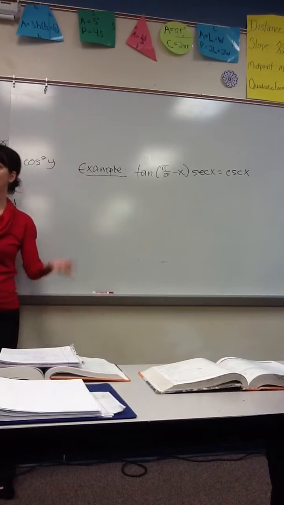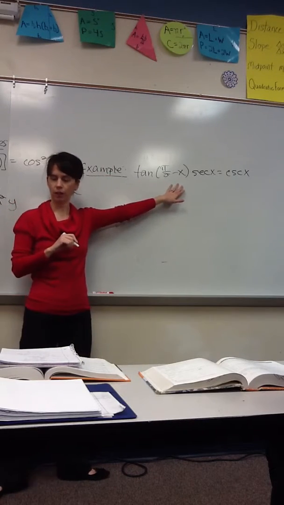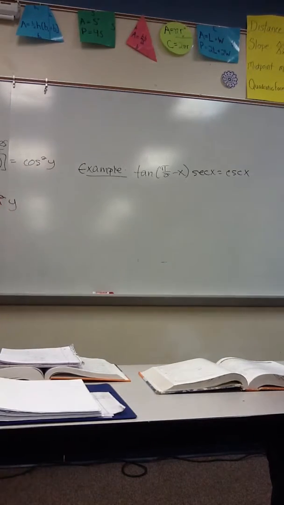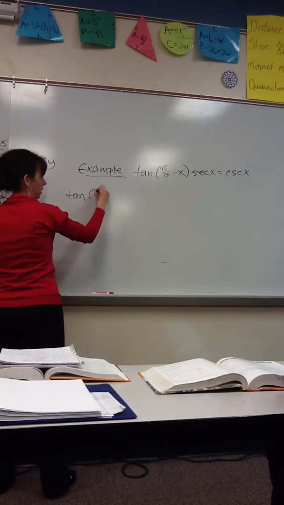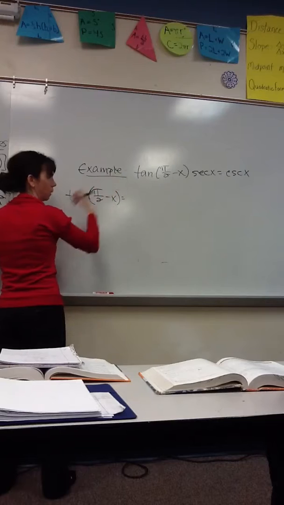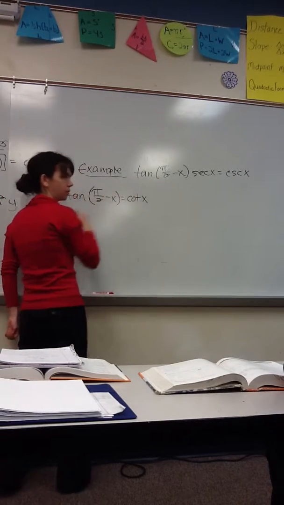The reason I'm showing you this example is I want to remind you that when you see this, that is an identity called a cofunction identity. Looking at your identity sheets, help me out here, the tangent of pi over 2 minus x is equal to what? It's equal to the cotangent of x, correct?